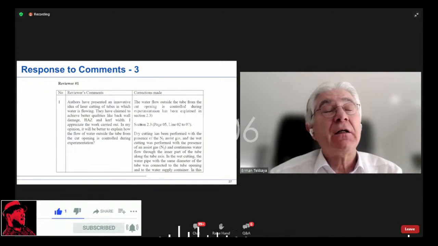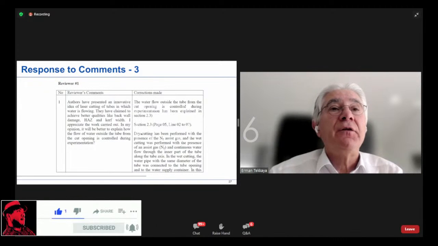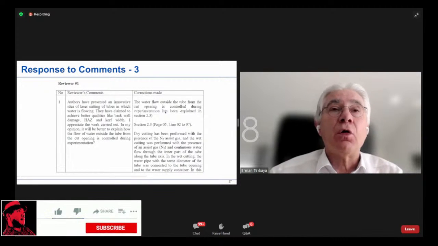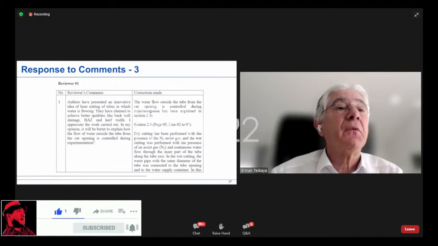Another way, which I like most, is you make a table where the comment number is given in one column, and then you have the comment of the reviewer, and then your corrections or response to the reviewer's comment.